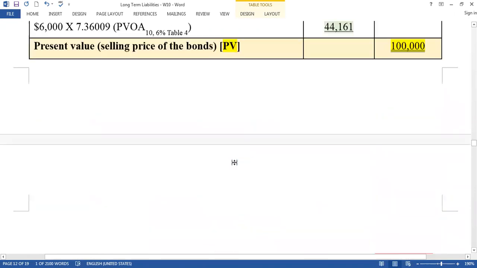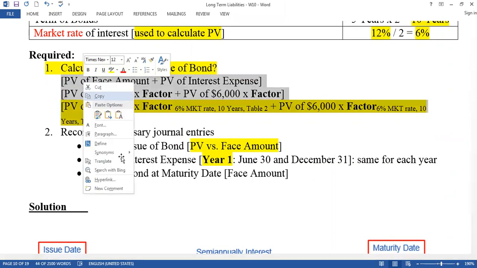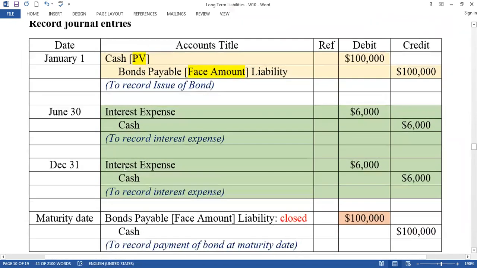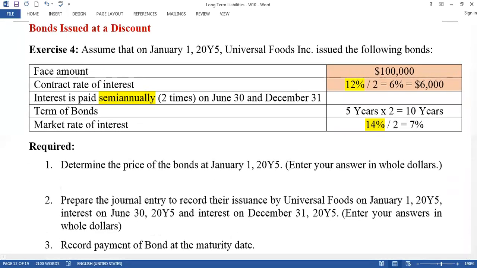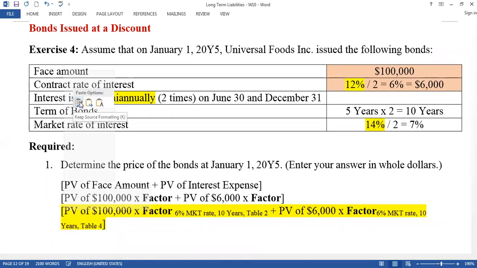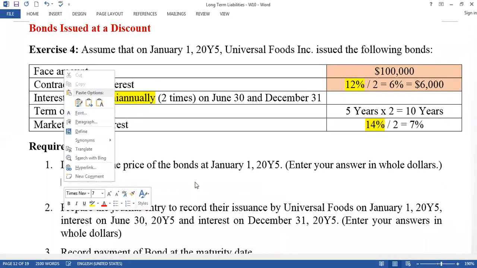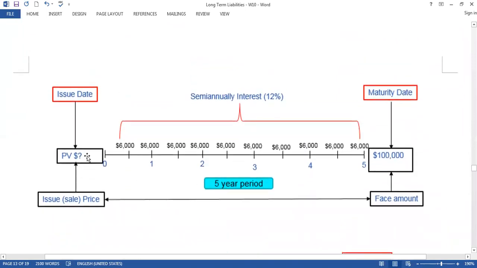Now, the first question is here again: how to calculate the present value of the bond today. So this is your first question. That means if I show you the diagram, this is the question mark.